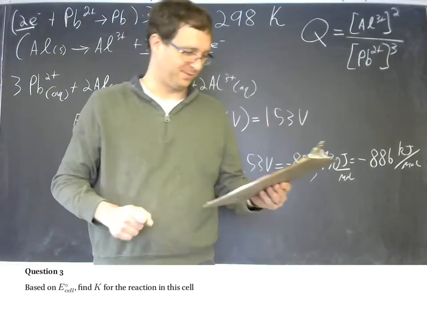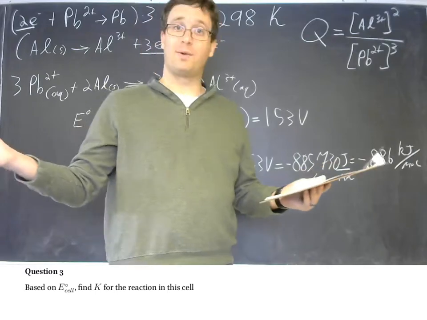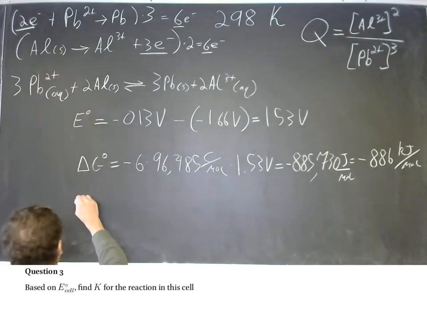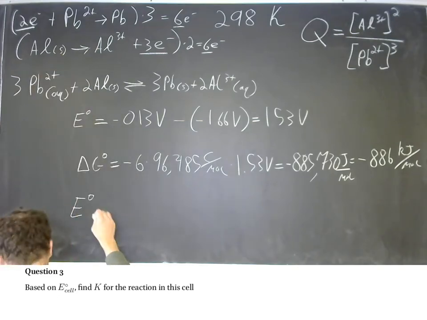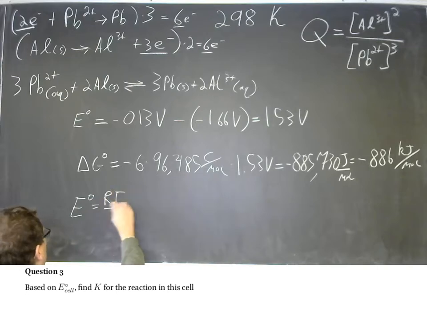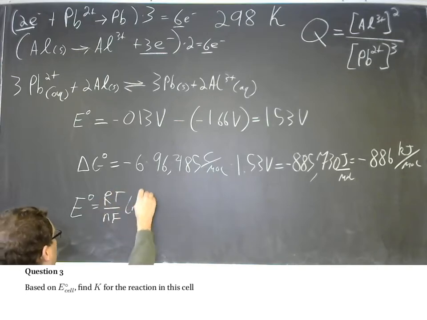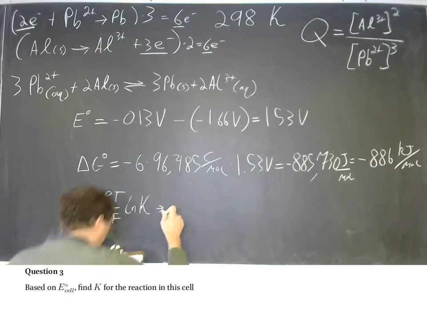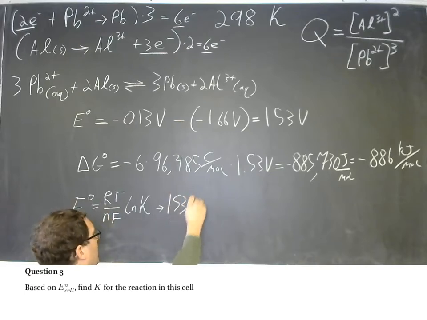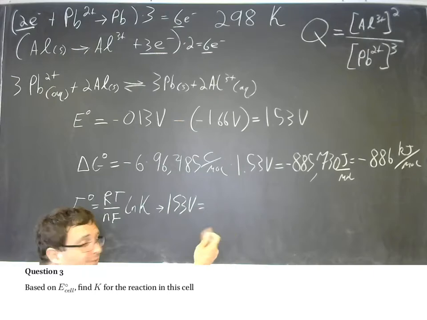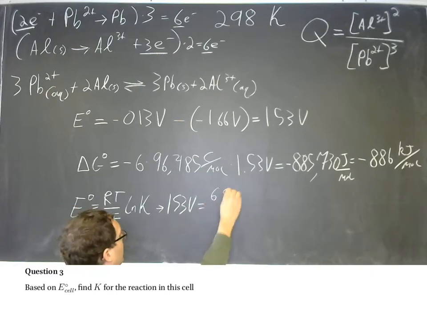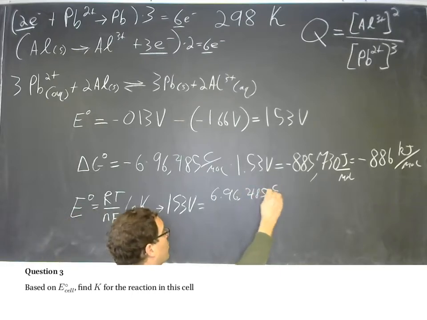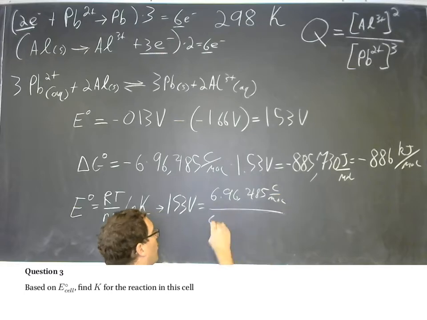So based on this E0 cell, we want to find the equilibrium constant. So E0 is equal to RT over NF times the natural log of K. So this becomes 1.53 volts is equal to N of 6, F of 96,485 coulombs per mole over 8.314.